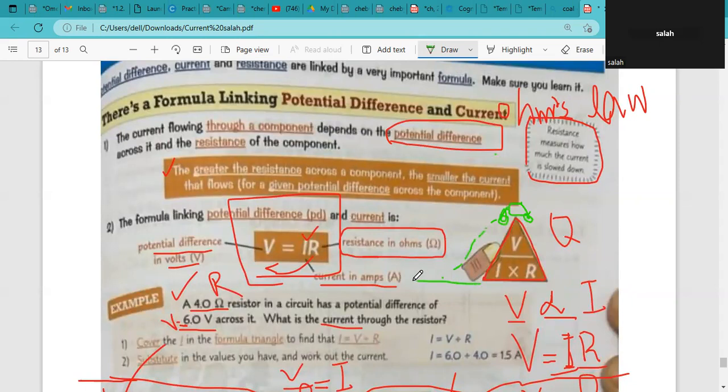Why? Because here at the bottom of the mountain, there is zero potential, and at this position, we have higher potential.